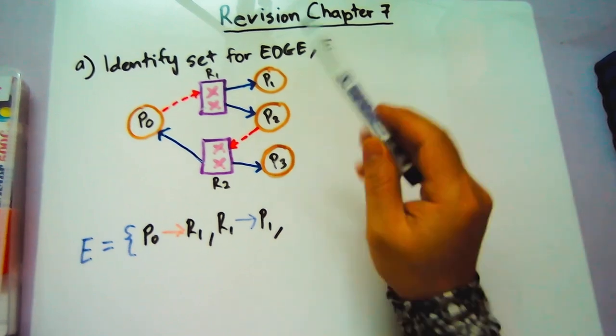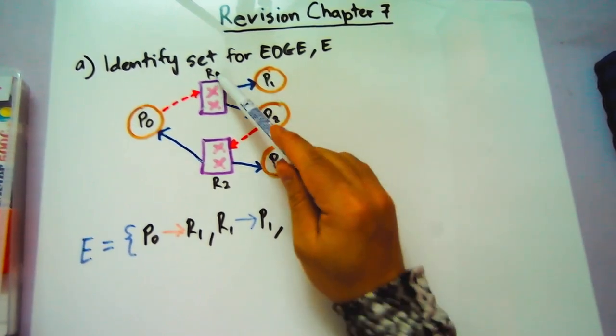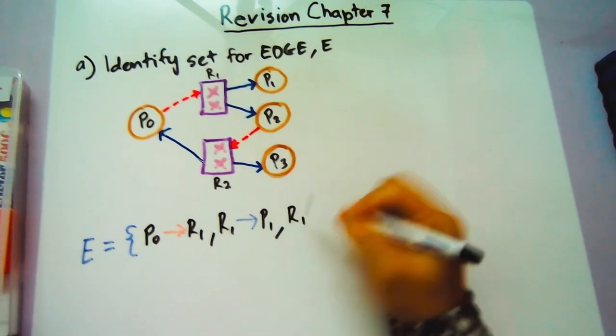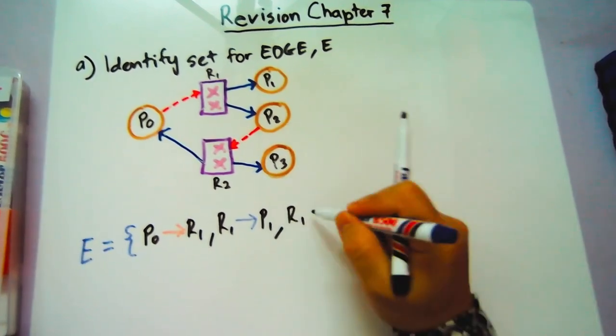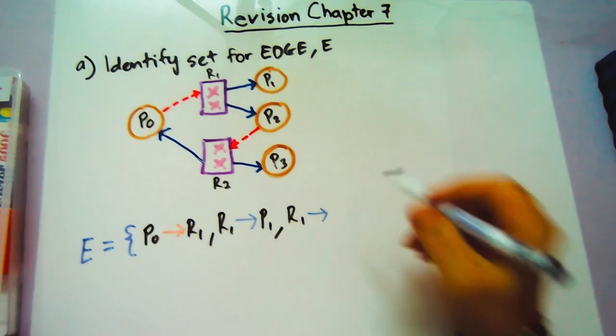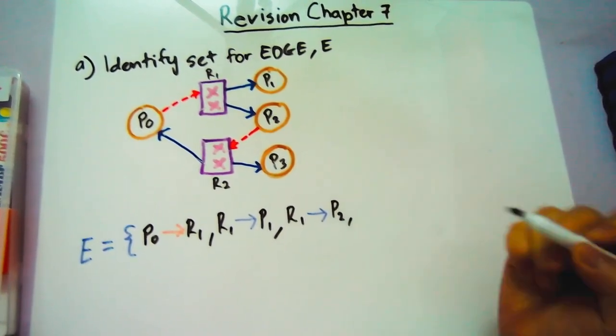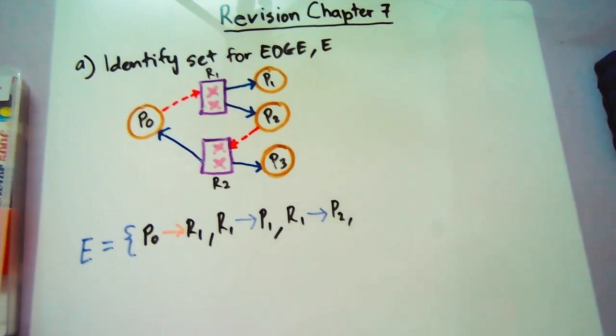The third edge is the edge of R1 to P2, R1 to P2, which represents resource R1 is assigned to process P2.